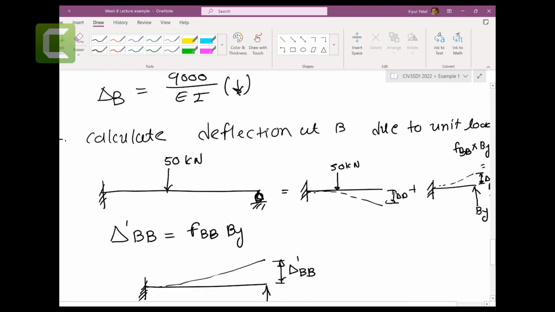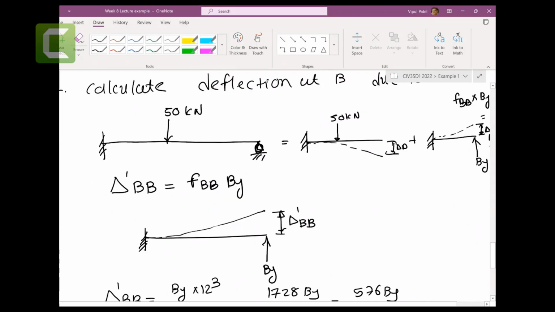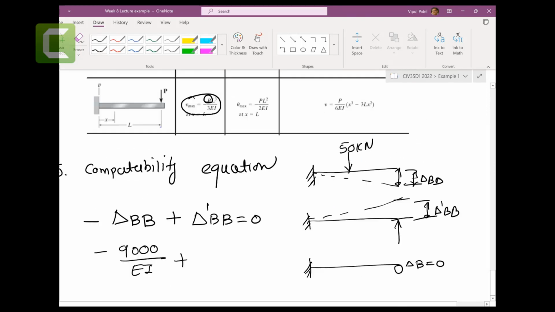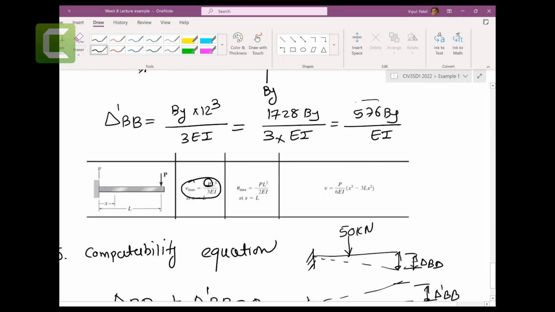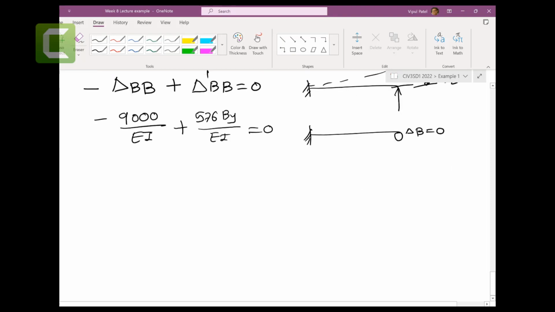Let's plug in the values. Minus 9,000 over EI plus delta BB dash, 576 By over EI, equal to 0. EI is constant, so we can take it to the other side and multiply by 0.